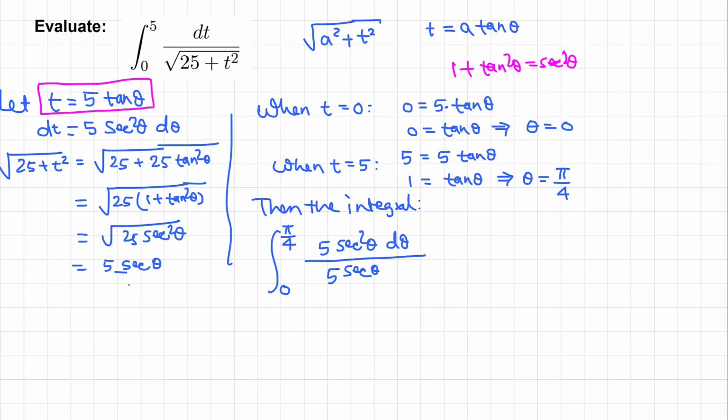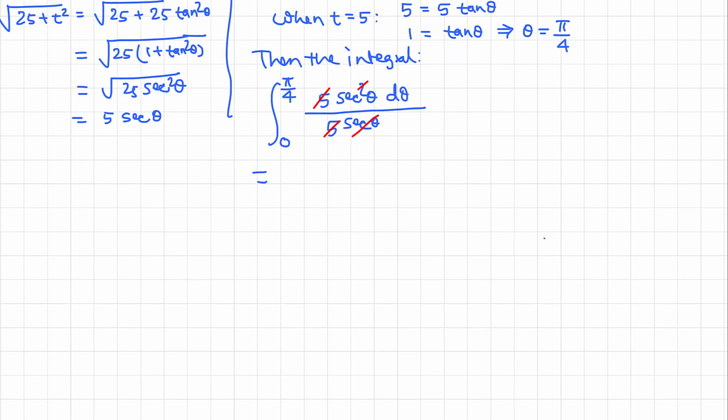Now let's simplify. Let me erase this line here. Then we get 5 cancelled, secant square and secant cancel. So what is left over?